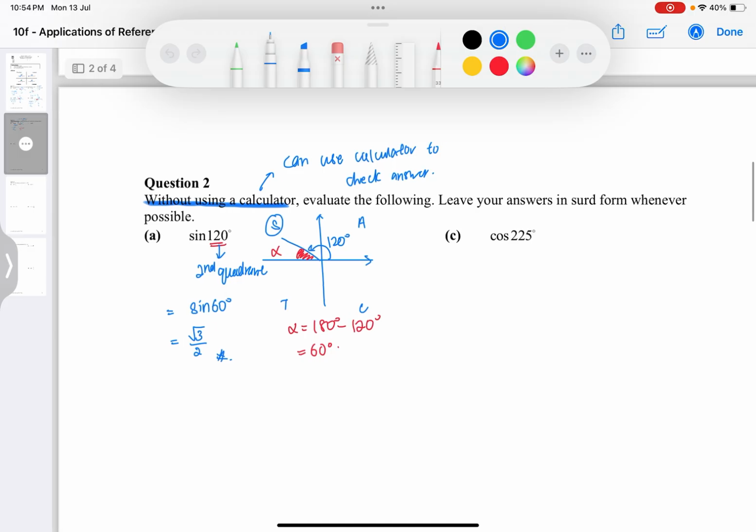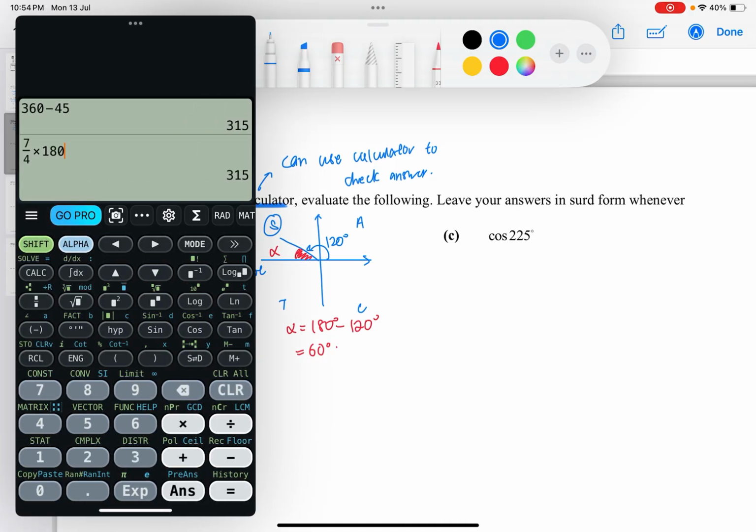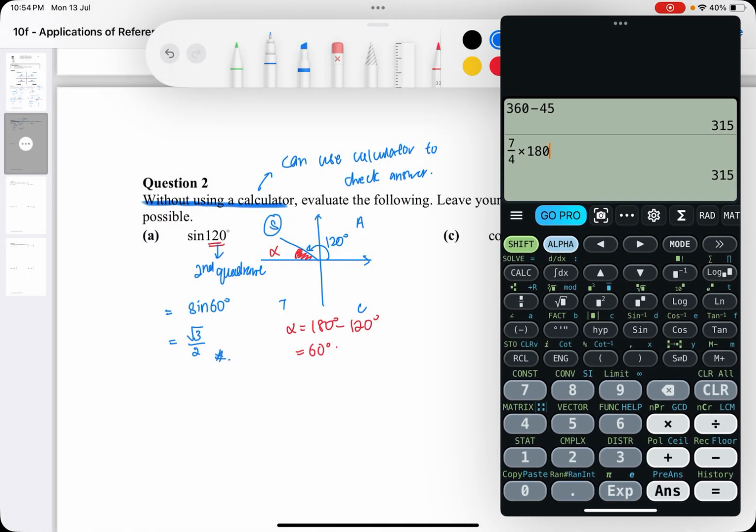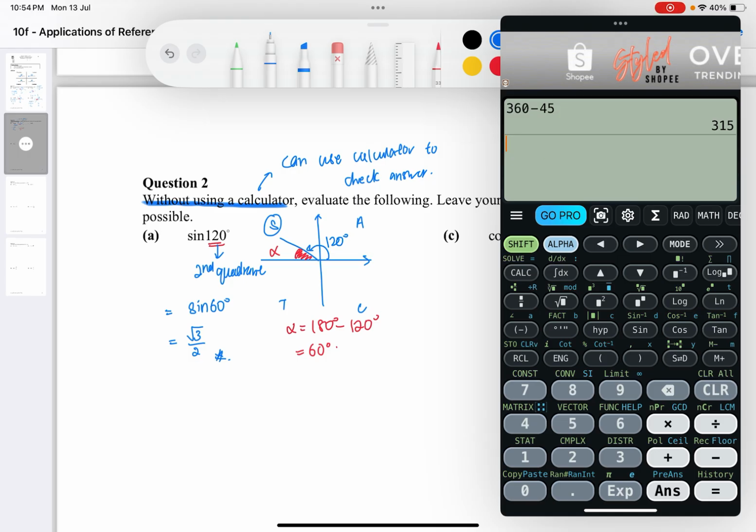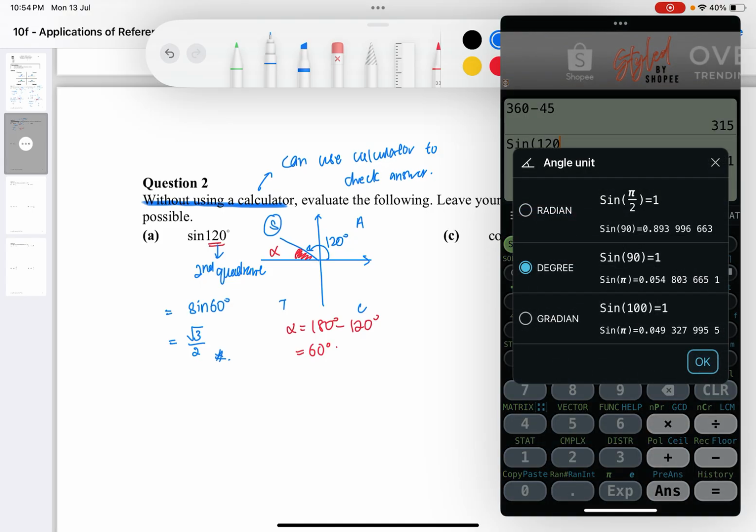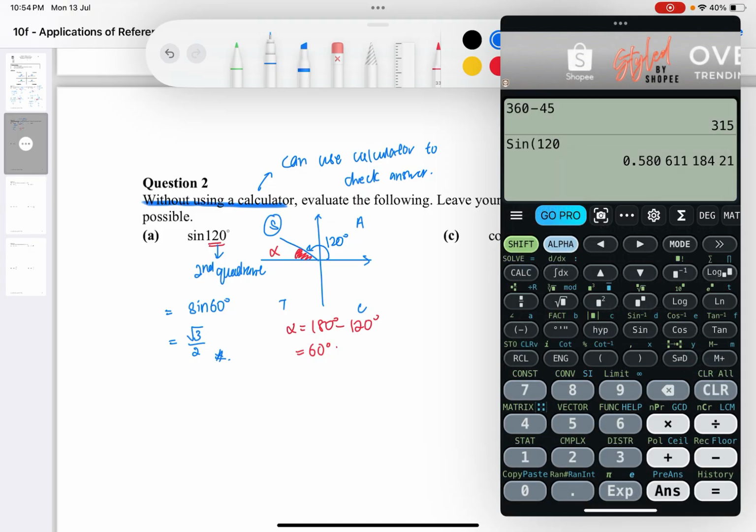And here is the part where I urge you, even though they say do not use a calculator, to use a calculator to check your answer. So you go sine 120. This is in radian mode, so I have to change to degree mode. Yeah, so that is 0.866025.